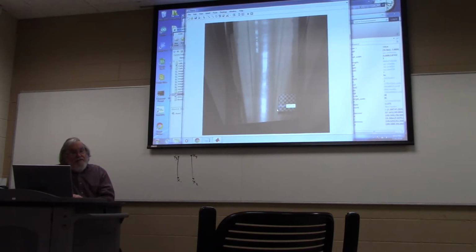So 100 pixels is 2 feet. So that's 50 pixels per foot, right? And it's about 400 pixels across, which makes the hallway about 8 feet wide, approximately. I think we measured that, and that's about what it is. This hallway is about 8 feet wide. That other hallway is about 6 feet wide.